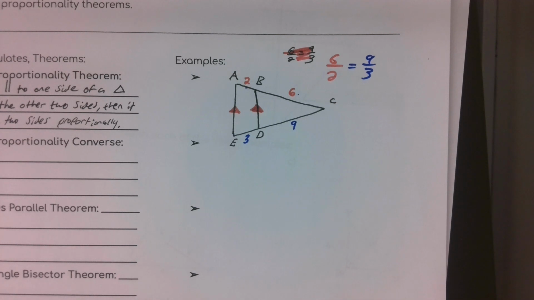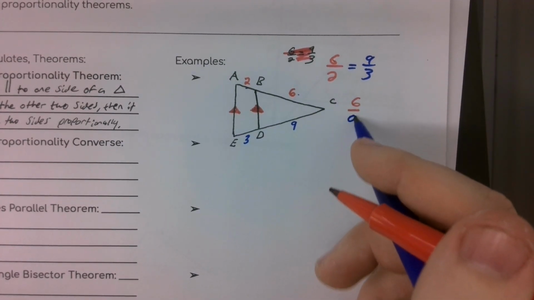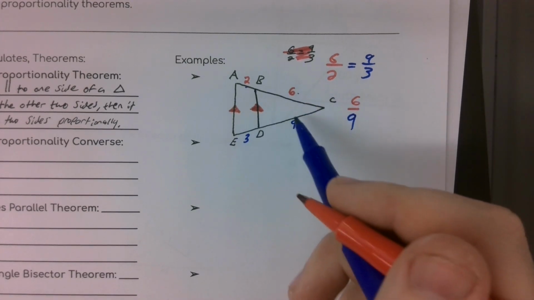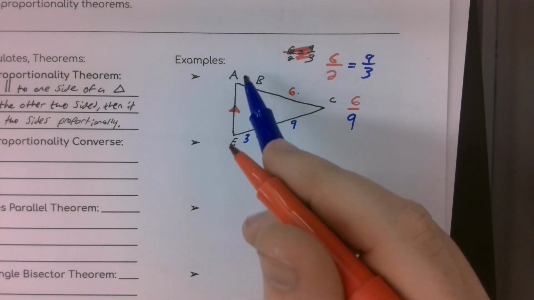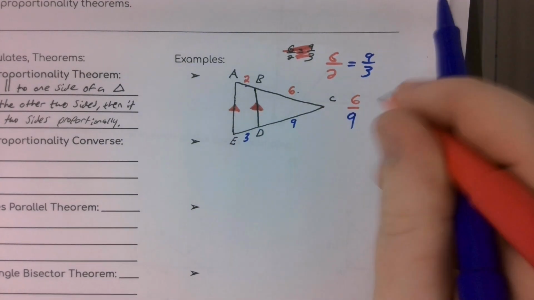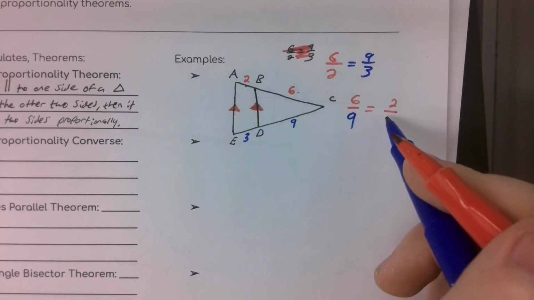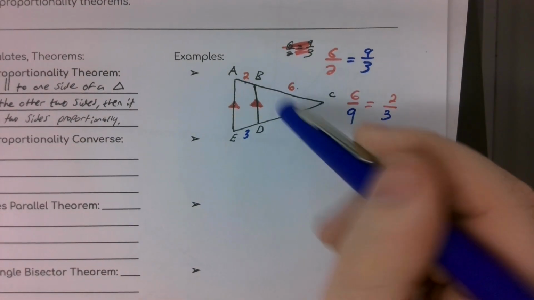So we could also say that 6 over 9, the top length of the small triangle divided by the bottom length of the small triangle, could also be compared to 2 over 3, the top smaller length divided by the bottom smaller length. It still works because we're comparing top to bottom, top to bottom.